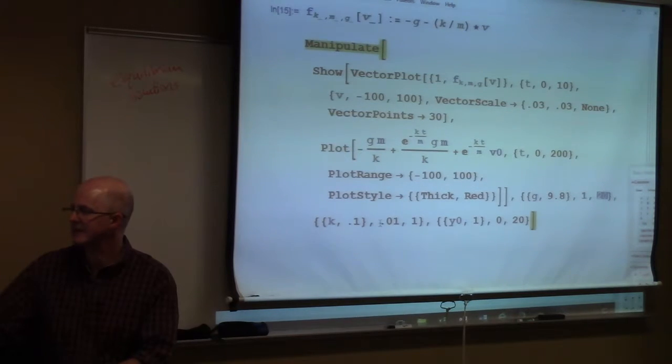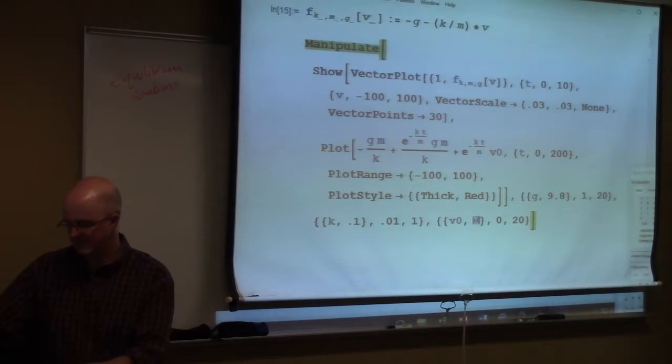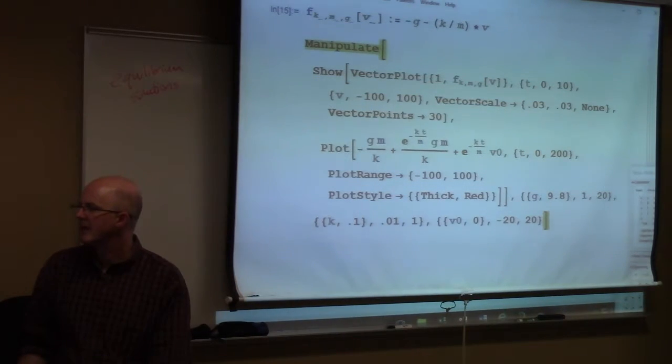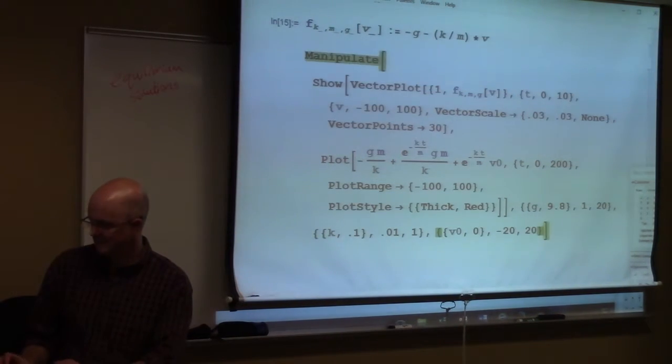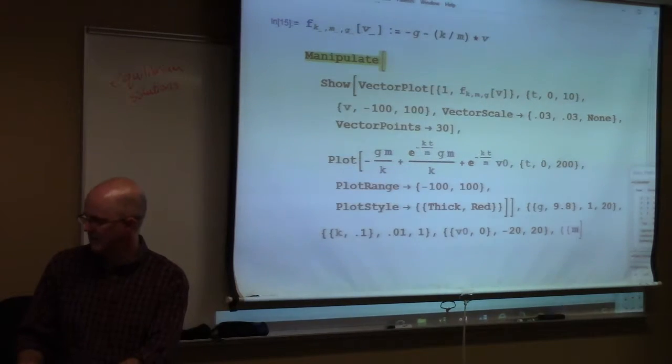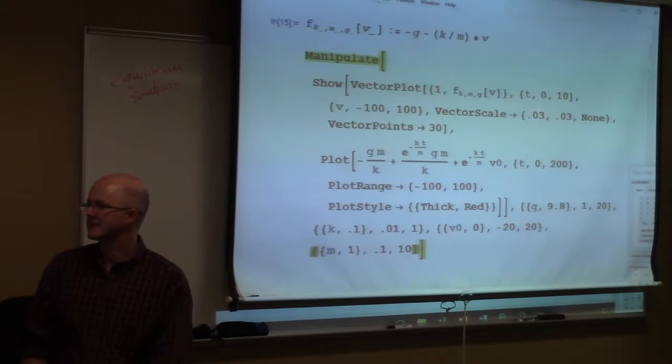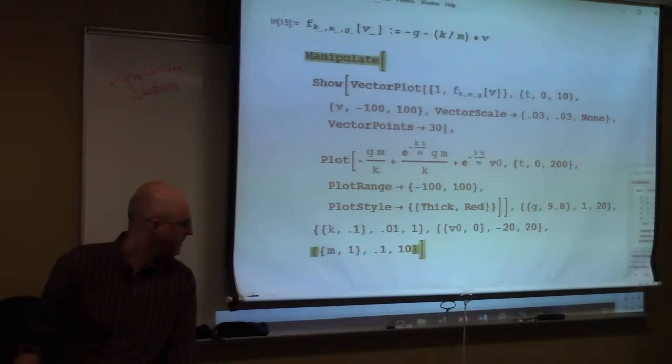K is related to the object itself. I'll try 0.1 and see what happens. And v0, we can start with an initial velocity of 0, but allow our initial velocity to be negative if we want. I guess we also need a mass. I'll pick this range of masses starting at 1 and being as low as 0.1 or as high as 10.